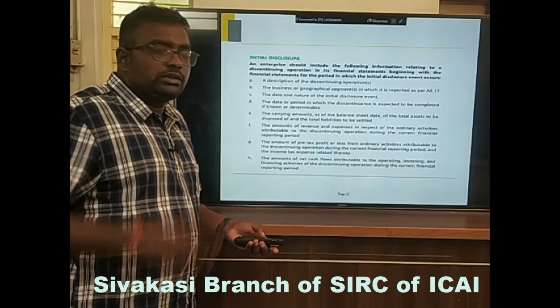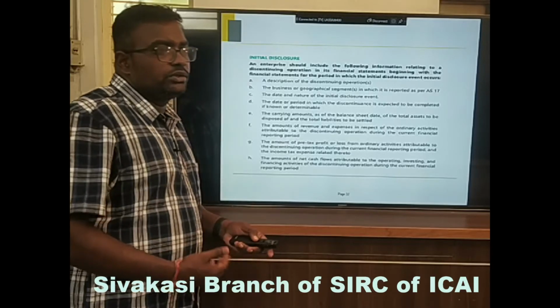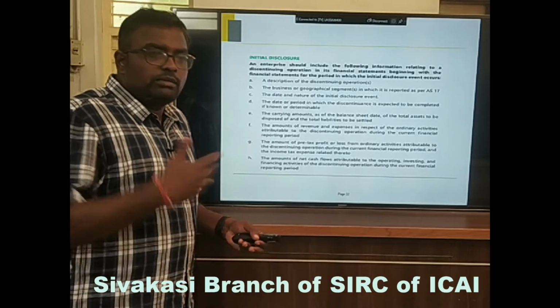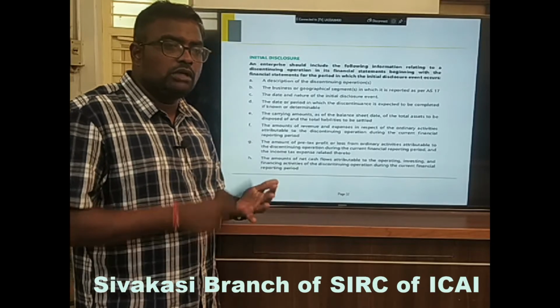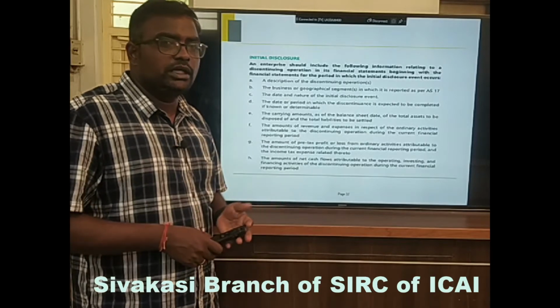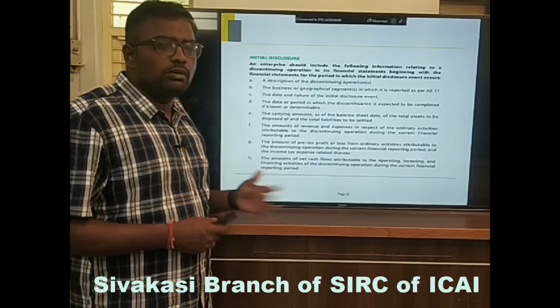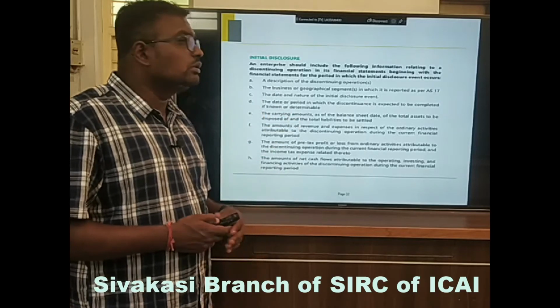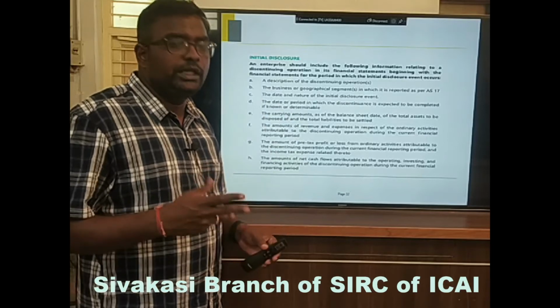So one is called the initial disclosure, and the next is called updating the disclosure. When it formally happens, what disclosures do I have to give in my profit and loss account, balance sheet, financial statements, and cash flow statement, etc.? So this standard is more about disclosures. The only thing is how to identify a discontinuing operation, which will be a little challenging.